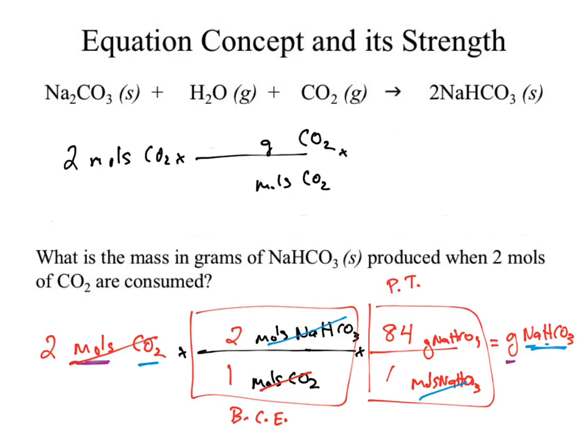Which then, when we try to do the next conversion to get rid of CO2 and bring in sodium hydrogen carbonate, this would be moles. The units don't cancel. So this is why we follow the unit system through this to track it very carefully. So with that, we are done.